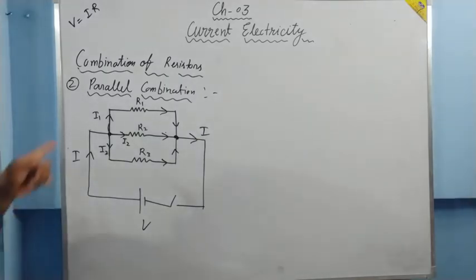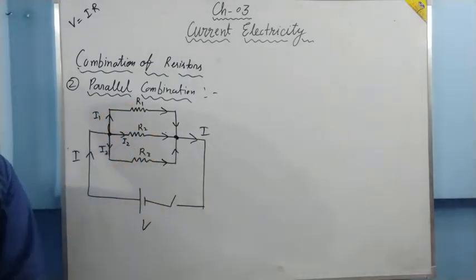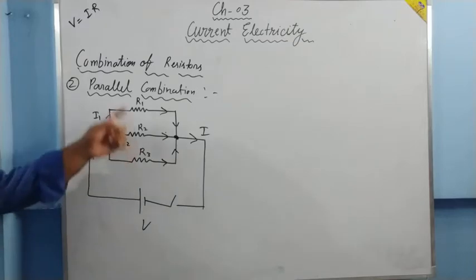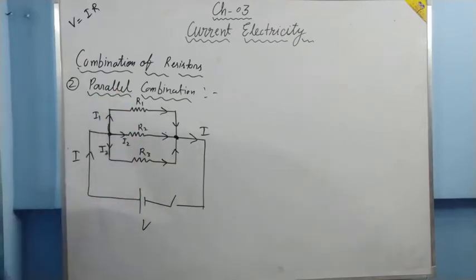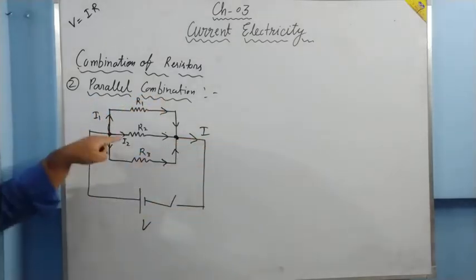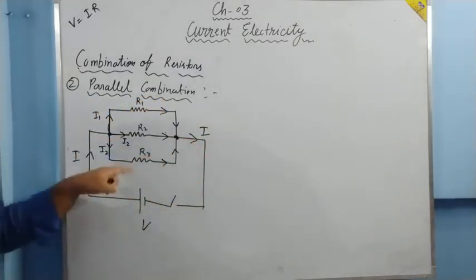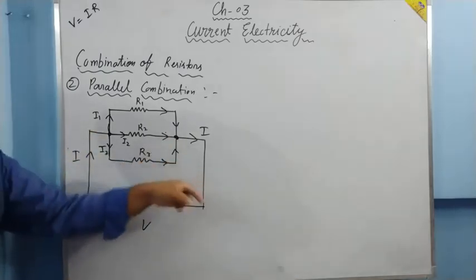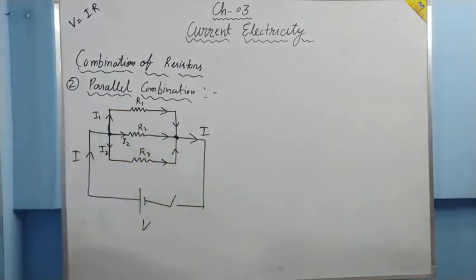Now what happens? Current through the resistances is different, but voltage across the resistances will be the same, because each resistor is connected to the voltage. Each resistor has its connection towards the voltage. So voltage across each resistor will be the same, but current will be different.